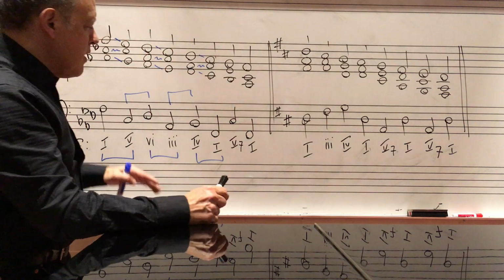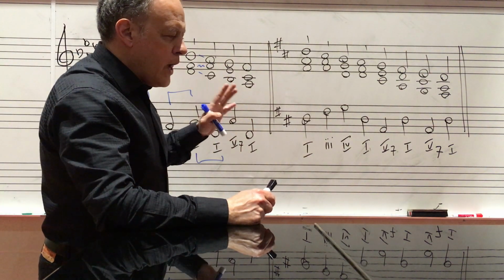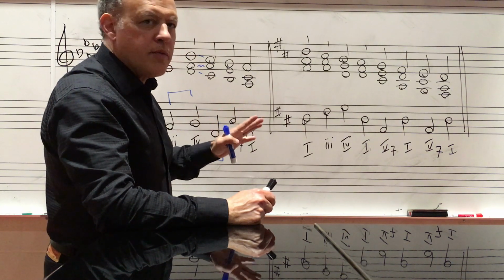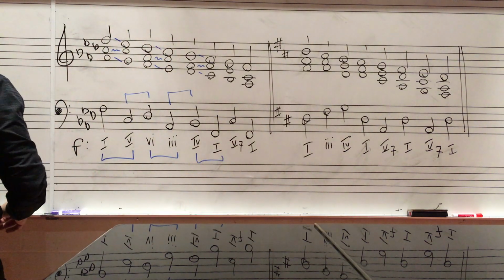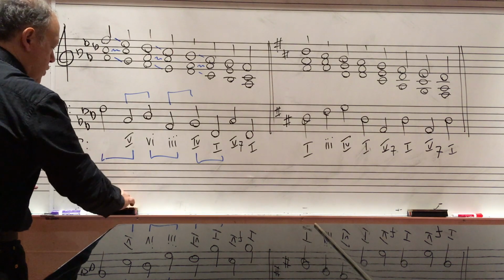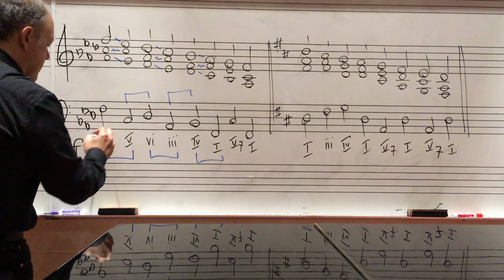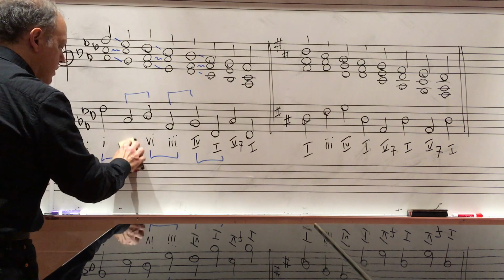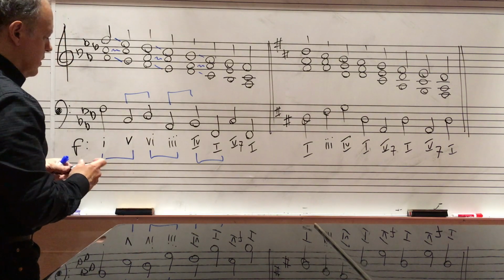But if I have a sequence like this, there's a way in which I might not care so much about having my 5 chord altered in that way. So for example, here, of course, if I'm going into a minor mode, I know I have to shift this, but what if I actually had a diatonic dominant?